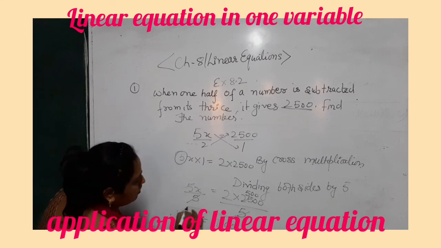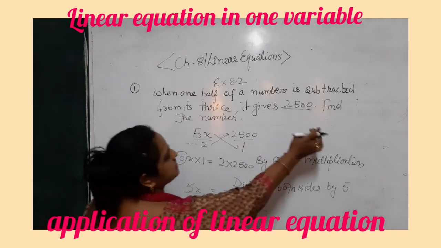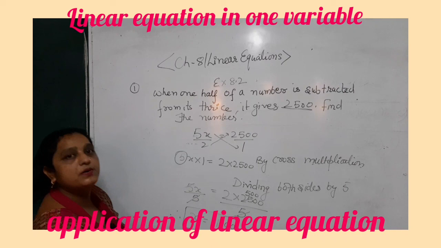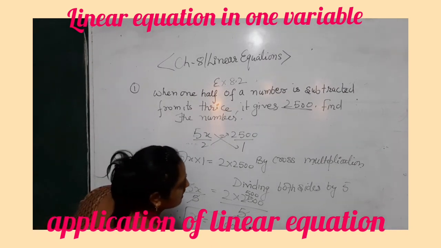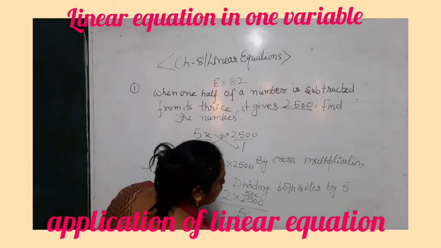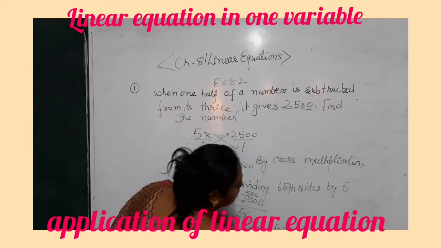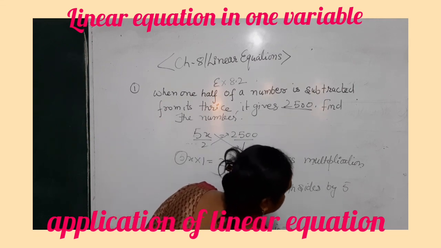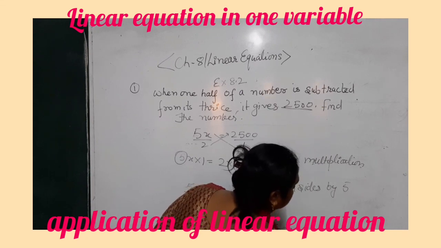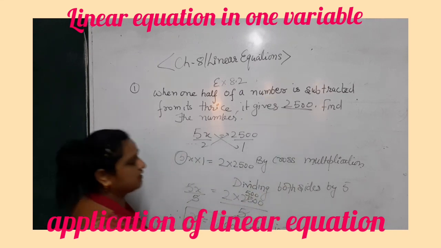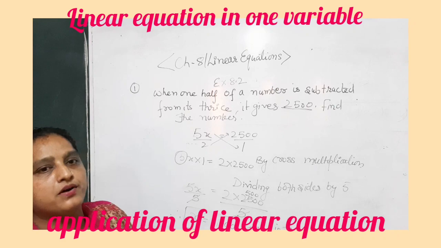So x is equal to 1000. What we have supposed is x, and the value of x is 1000. So this is the required result, which is the required number.